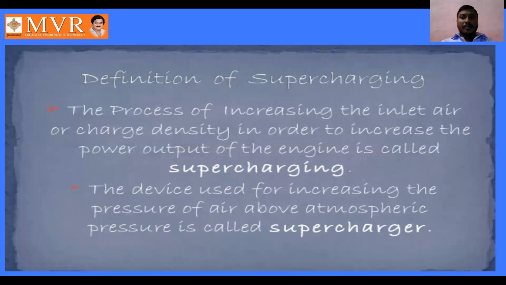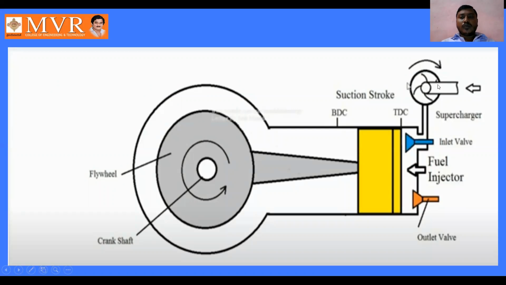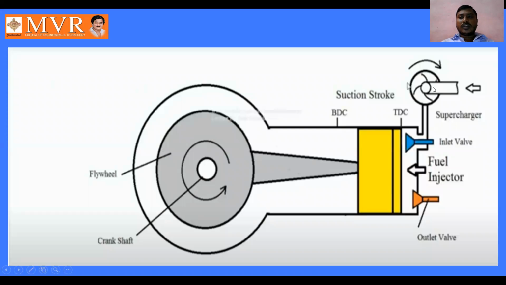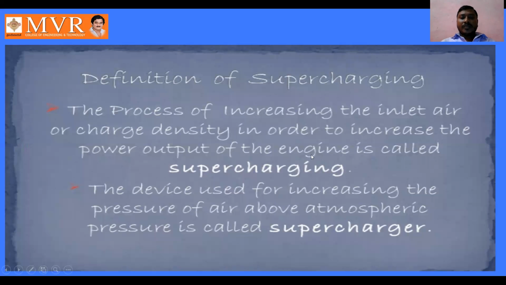The supercharger is forcing air into the engine cylinder, so the air is more than what would normally be taken in. If we give more air or more pressure to the engine cylinder, we increase the efficiency and power output of the engine. This is known as supercharging.